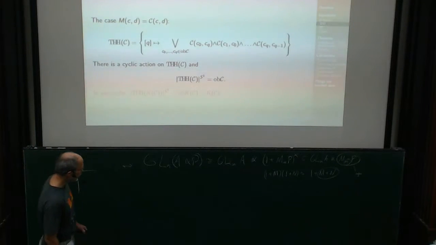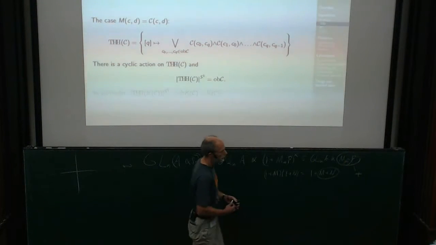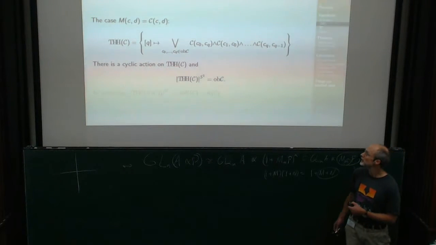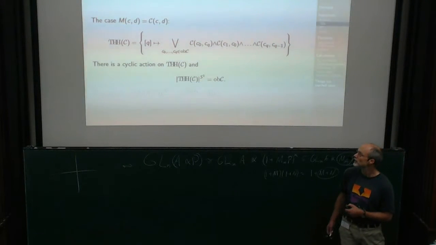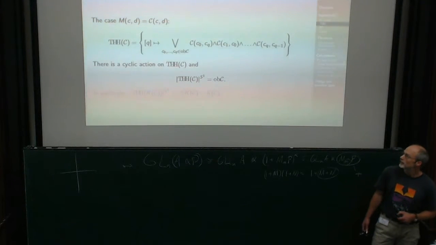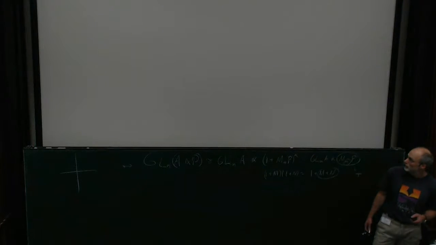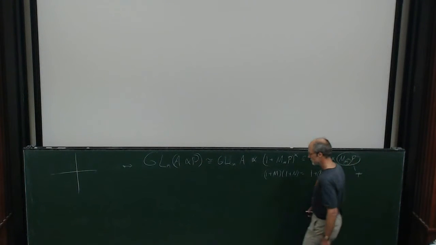And when you have a cyclic object, then you can, of course, realize it, and it gets an S1 action on it, and it's very easy to calculate the S1 fixed points. Let's do that here.